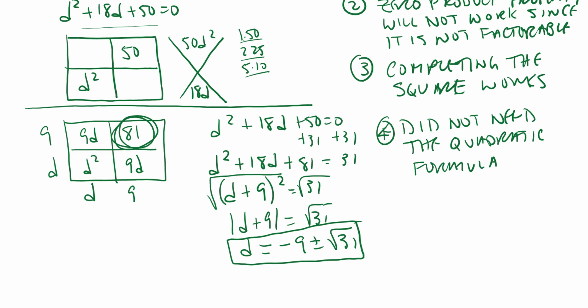So the idea here is if completing the square wouldn't work, then we would have gone to the quadratic formula, but we didn't need it because completing the square worked out just fine.